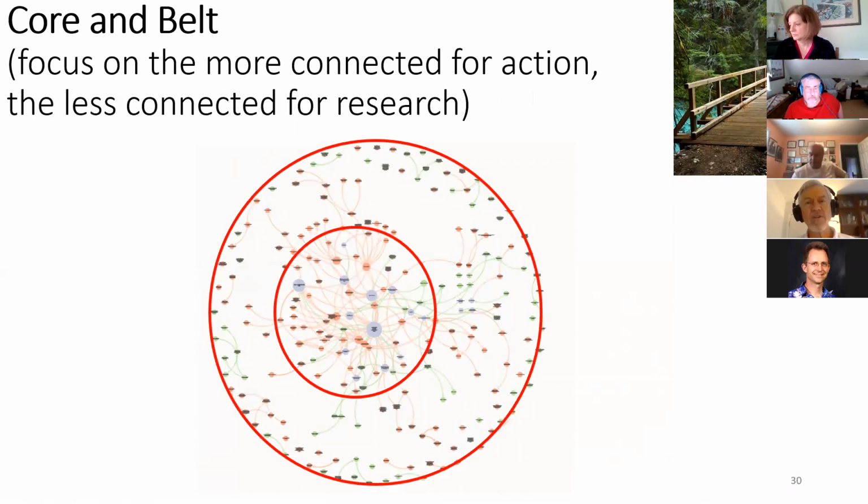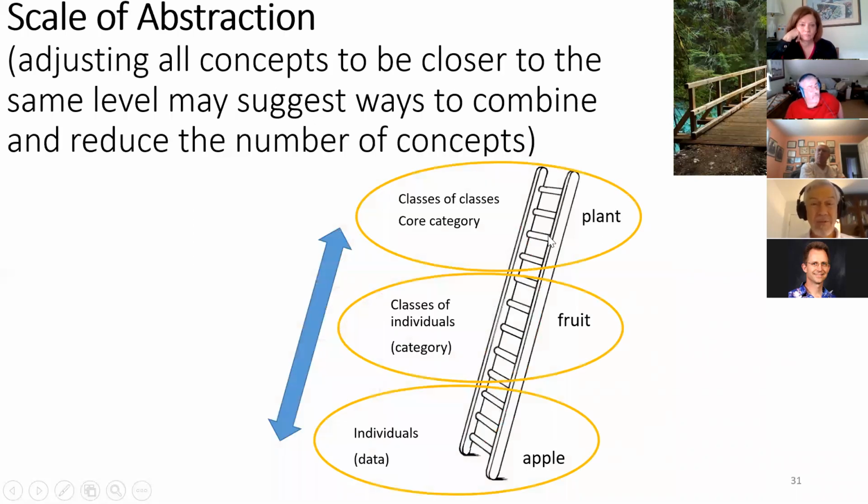What we like to say from a structural perspective is the core is where more concepts are connected, and the belt are those concepts that are less connected. They might even have no connections at all. So you can simply dismiss those less connected parts of the model to focus on the central, which in this case is still rather complex, but it would help.